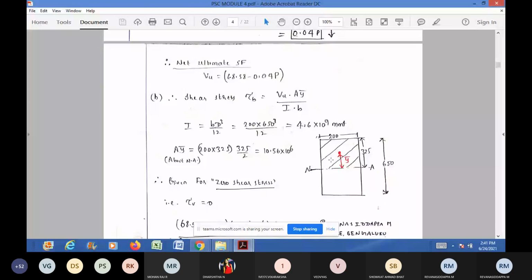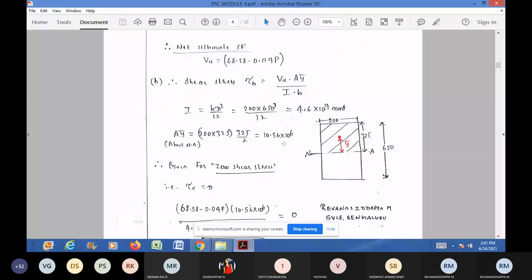Total area is 200 into 325, which is above the neutral axis, into the perpendicular distance 325 divided by 2, which is Y bar. 10.56 into 10 power 6 mm cube, sir. Okay, right. 10.56 into 10 power 6. Now you have AY bar.